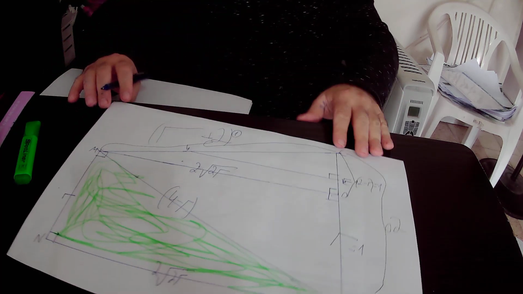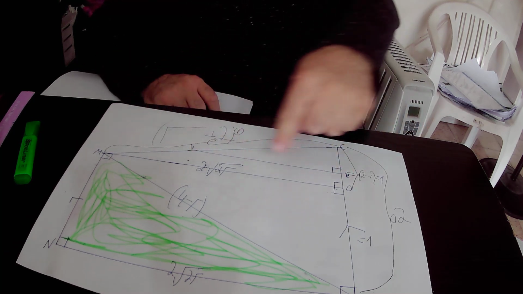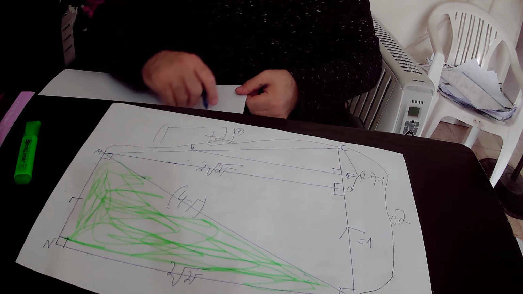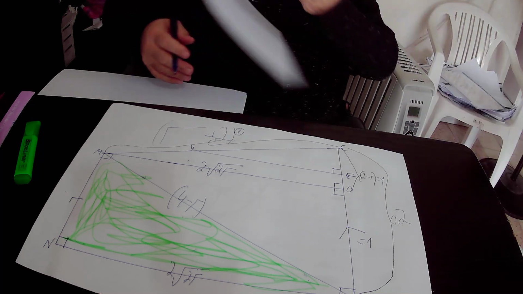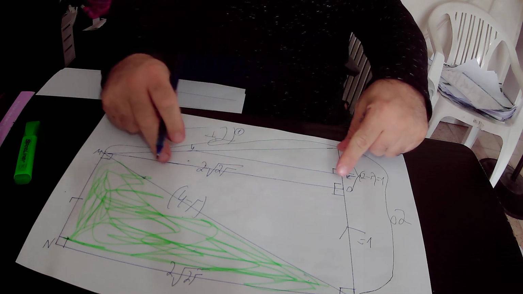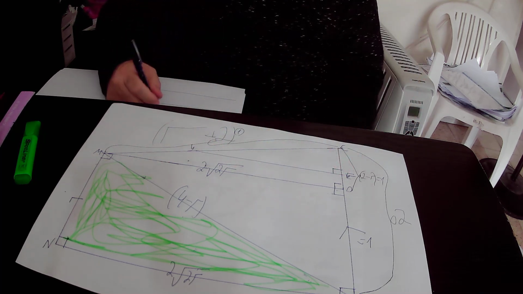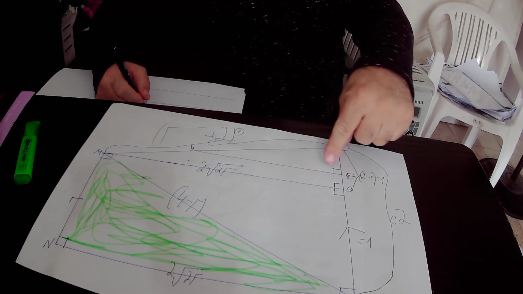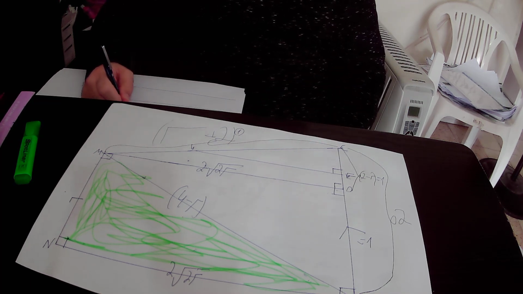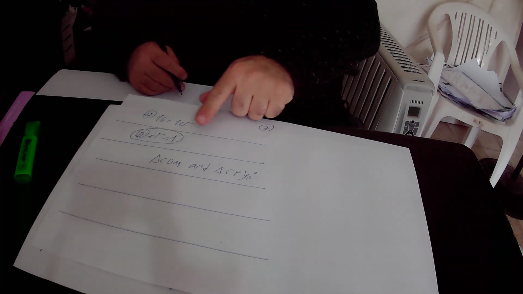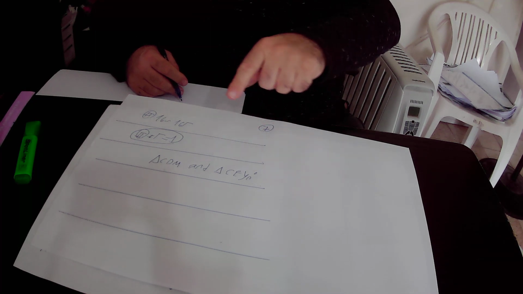I'll repeat again, we'll prove that the right triangle CDM is similar to the right triangle CEY, this small right triangle. So I write it down.